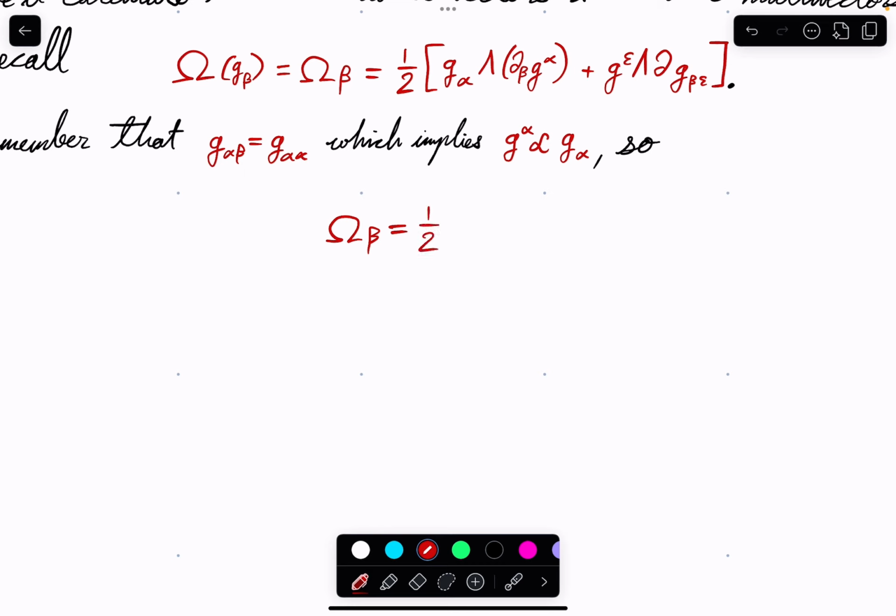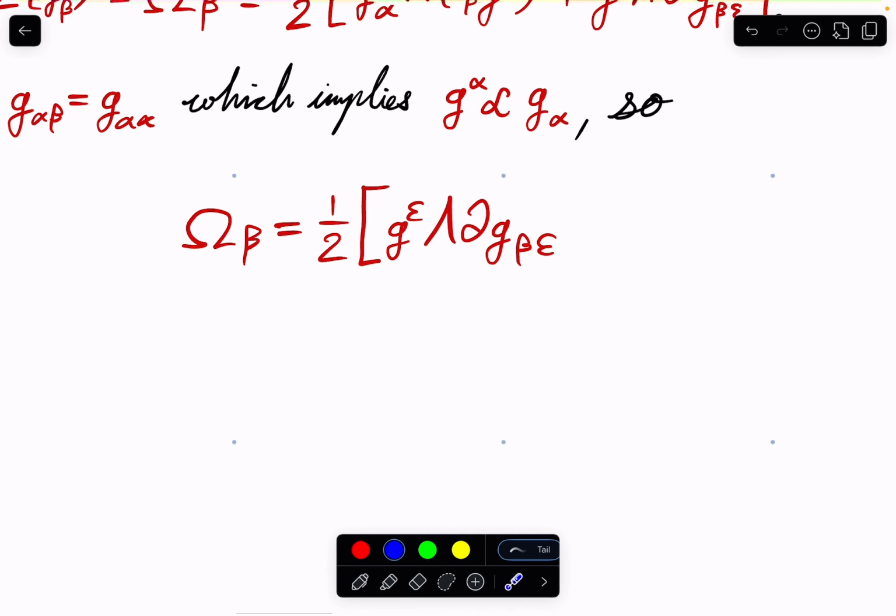It's 1/2 g^epsilon wedge partial g_beta epsilon, except because it's diagonal again, all the epsilons that aren't beta will go to 0.